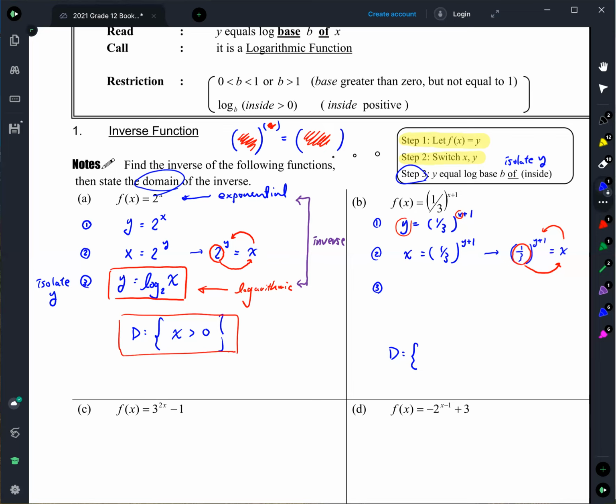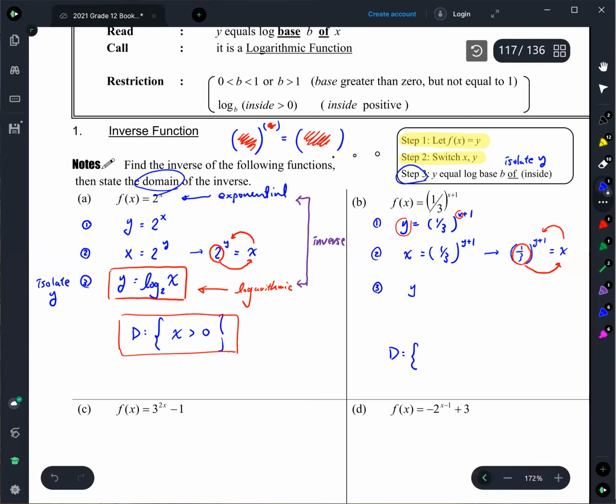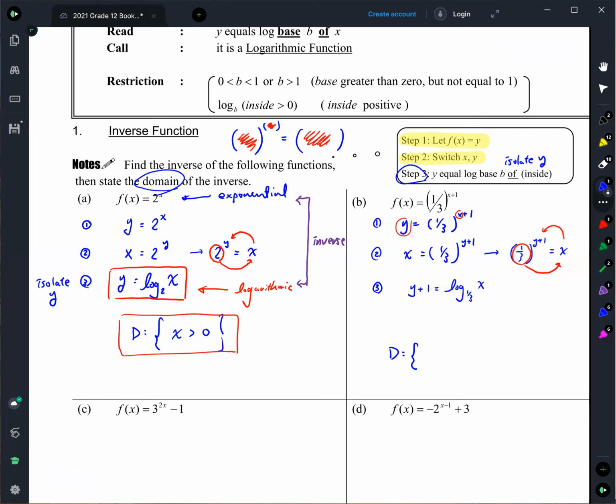Okay, Sophie, do you have the third step? I have y plus 1 equals log 1 over 3 x. Log base 1 over 3 of x, right? You just follow the order of counter clock and then equals the exponent, which is y plus 1. But usually we like to have y by itself when you write a function. When you see a function, it's always y equals something.